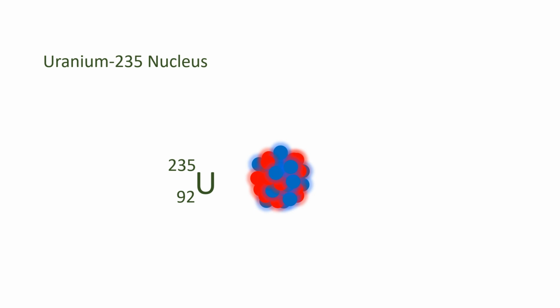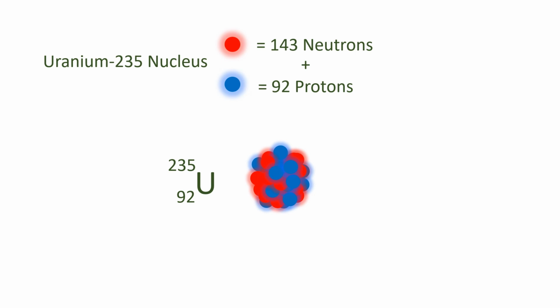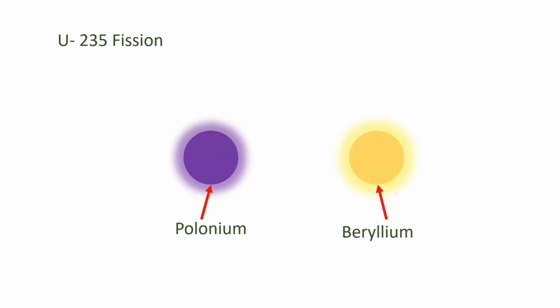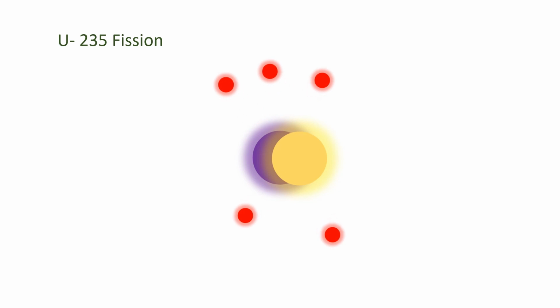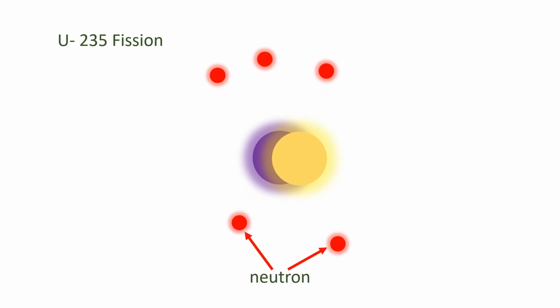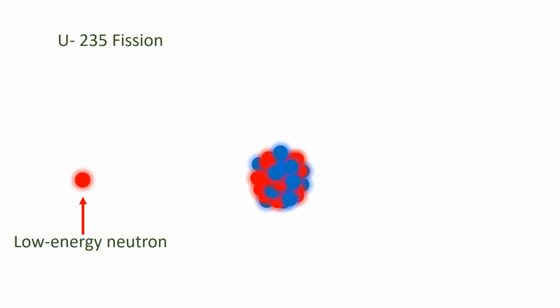Uranium-235 has 143 neutrons and 92 protons, giving it a mass number of 235. To start the fission, polonium and beryllium are usually used to emit neutrons. The neutron, known as a low-energy neutron, or thermal neutron, is absorbed by the uranium-235 nucleus.